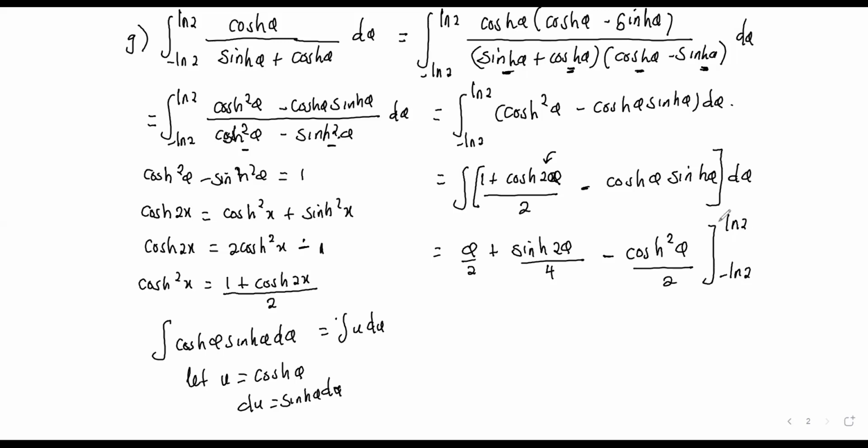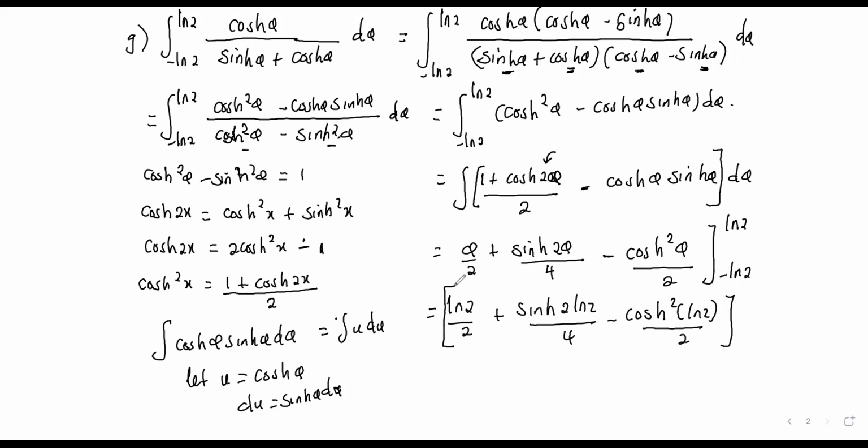So then we can substitute these. So we'll have ln 2 over 2 plus hyperbolic sine 2 ln 2 over 4 minus cos squared ln 2 over 2, everything minus negative ln 2 over 2 plus hyperbolic sine 2 negative ln 2 over 4 minus cos squared negative ln 2 over 2.